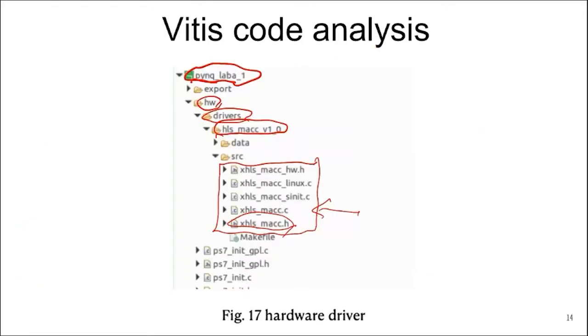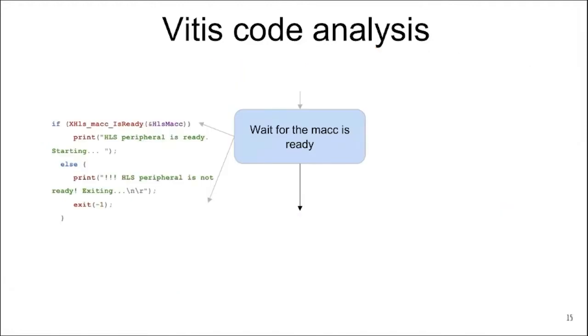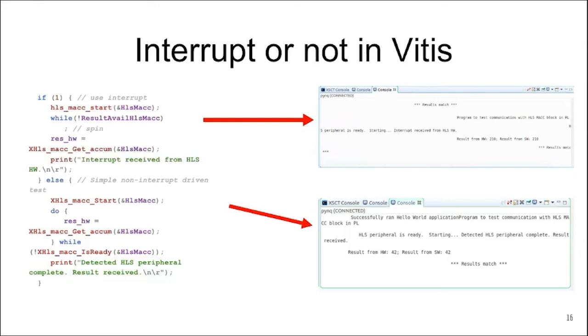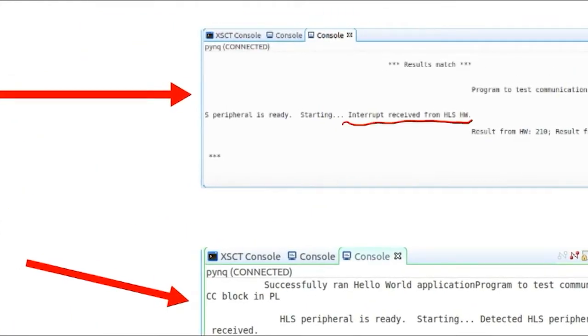Then after you stream the data, you can read the results here. But first, you should wait for the IP to be ready. And second, here is the fun part, you can choose either using interrupt or non-interrupt driven test. If you choose interrupt, you will execute this part and you will say interrupt received here.